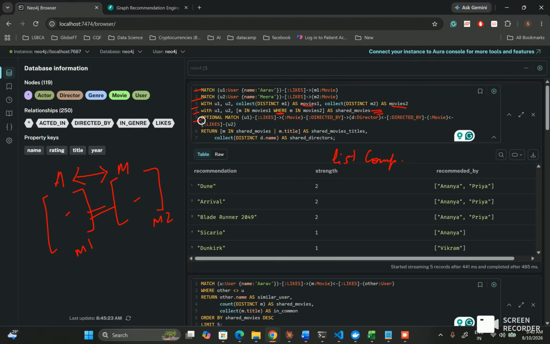This fifth line is a completely separate check running alongside the first.